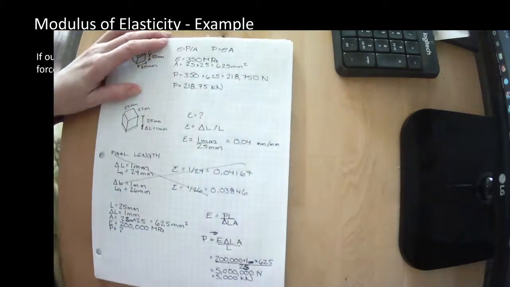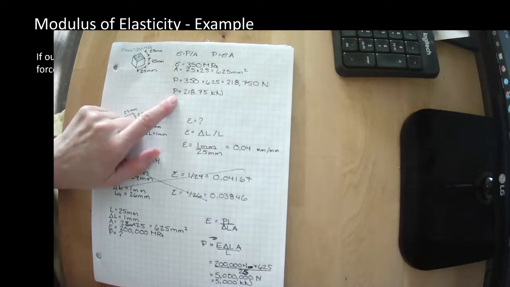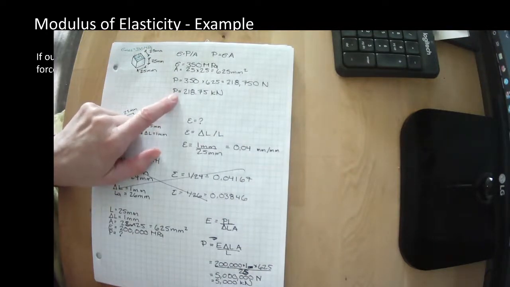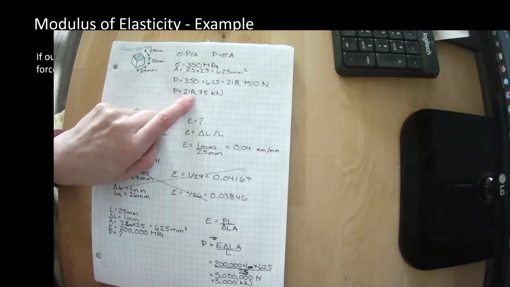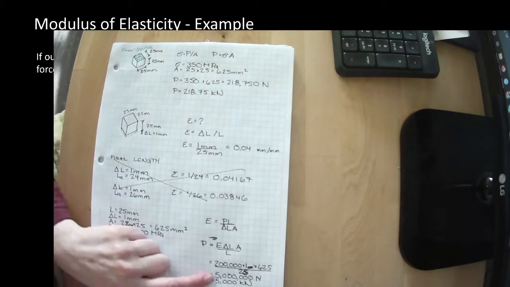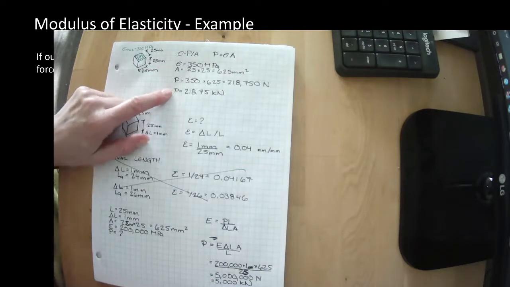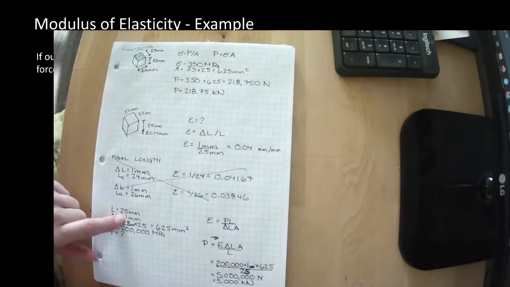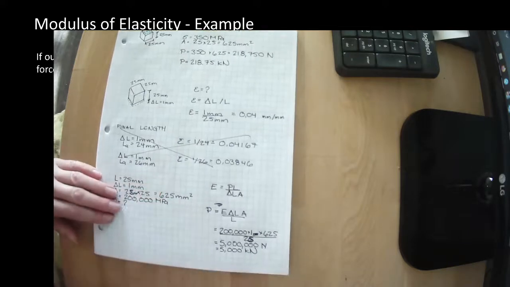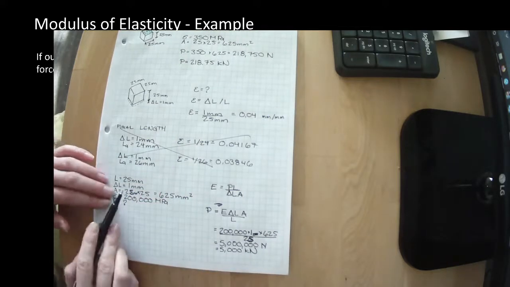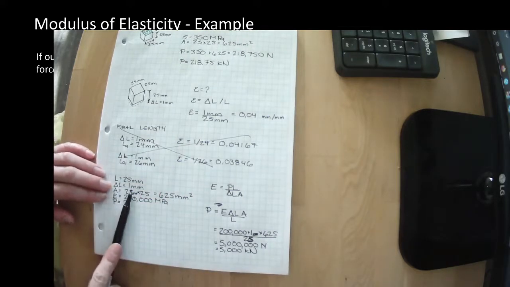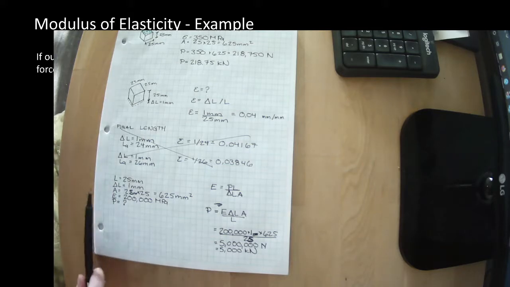Now, wait a second. If we came back up to this, it said that the maximum force this cube could see was 218.75 kilonewtons. This force is greater than what our cube could take. We can't have 1 millimeter of movement. We would have failed it. So this was a theoretical exercise where we wanted to know if we moved it 1 millimeter, what force would be on it.